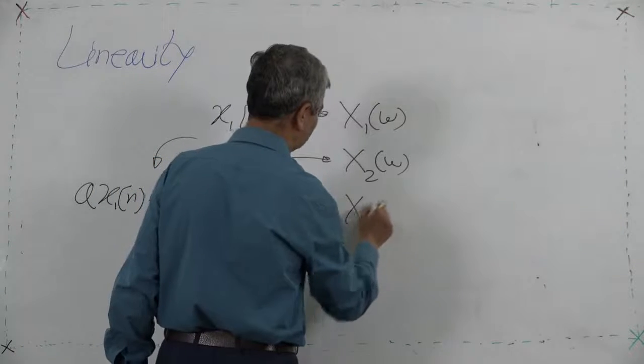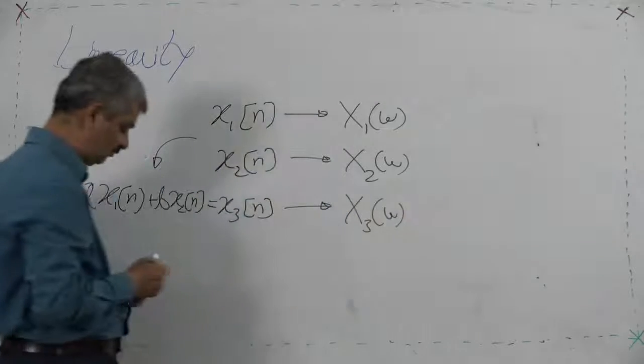if that is x3[n], then if I find the discrete time Fourier transform X3(omega), what do I do?